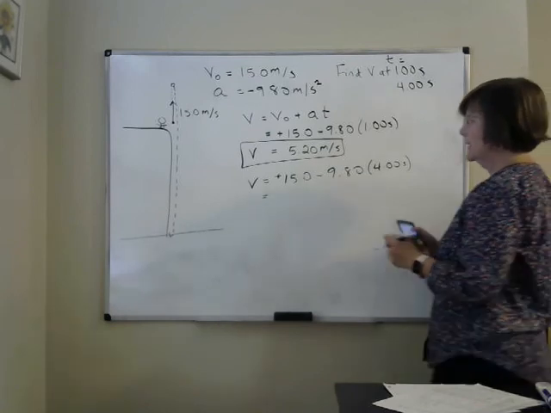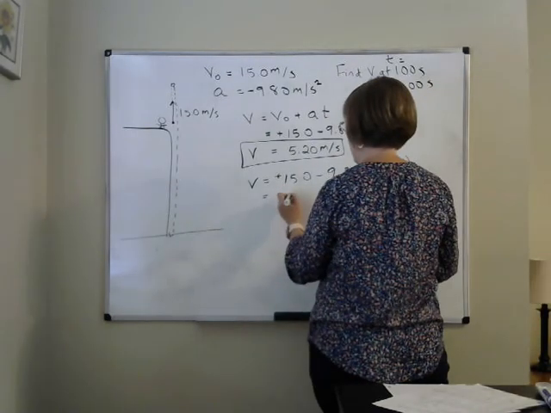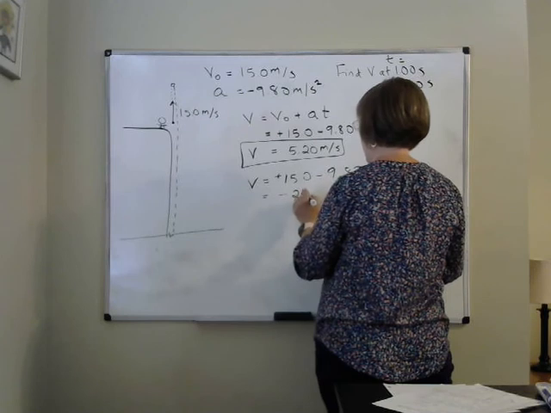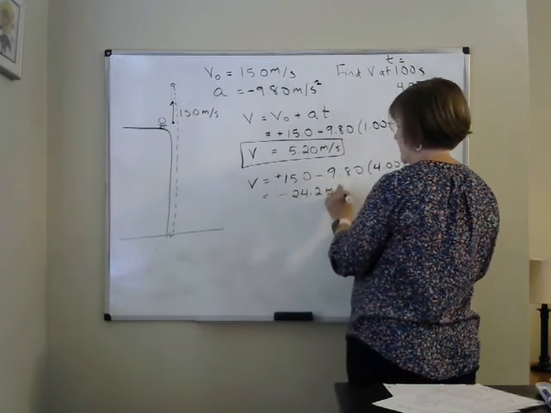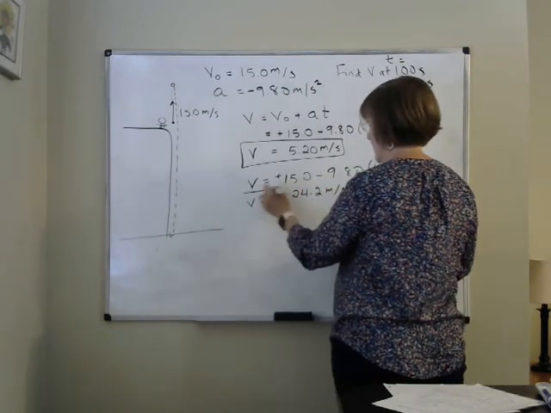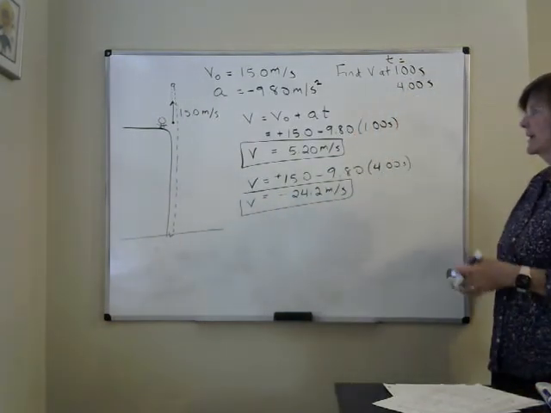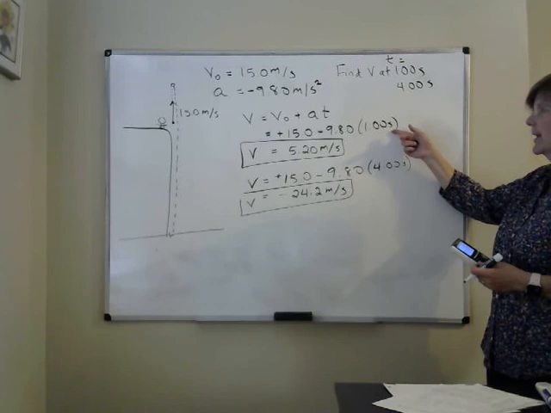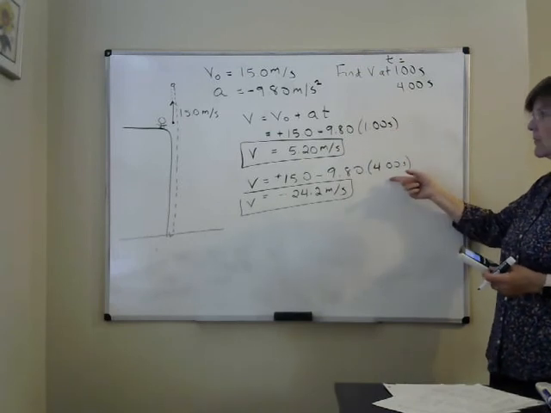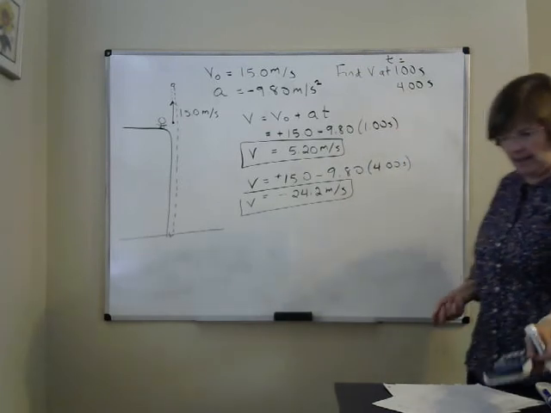I'm going to be going a negative 24.2 meters per second. What that tells me is the ball is on its way down here. It was still on its way up after 1 second. It's on its way down at 4 seconds.